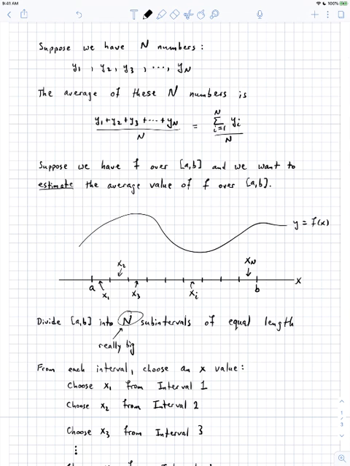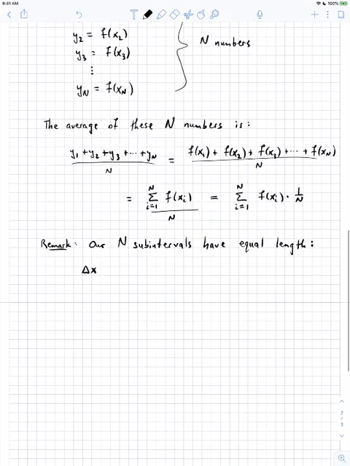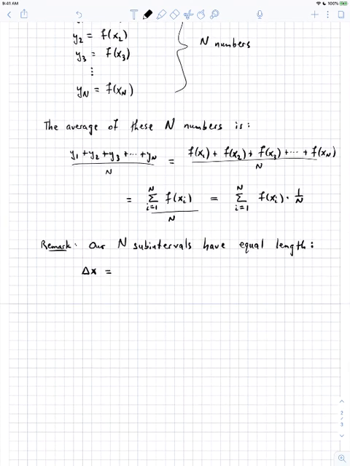So this length right here is delta x. They're all delta x. They're all the same width, the same length. So what is delta x? Well, the whole interval is length b minus a, but we're dividing it into n equal pieces. So delta x is b minus a over n. Or, if you prefer, delta x over b minus a is equal to 1 over n.